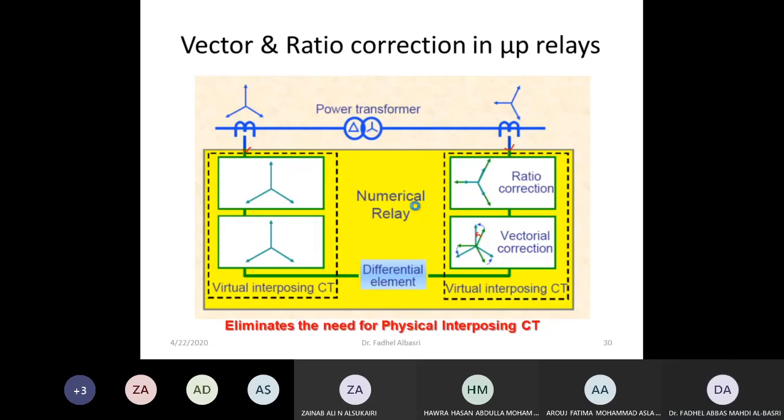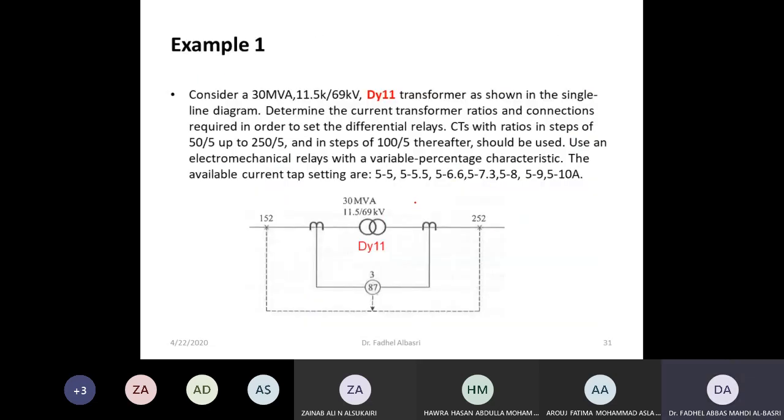Okay, let's take an example now. For this, I'm using a conventional relay. This is the rating of a transformer: 11.5 kV at the LV side, 69 kV at the HV side. So it's DY11. D, the capital letter, means the delta side, at the HV side.